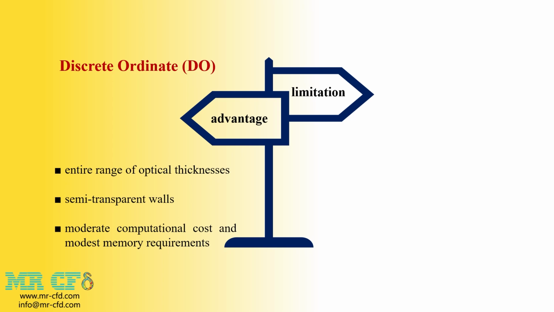Second, this method provides the possibility of solving radiation in semi-transparent walls. Of course, we'll talk about opaque and semi-transparent walls later. Third, this method has a moderate and reasonable computational cost for the usual angular discretization, but it requires moderate memory.